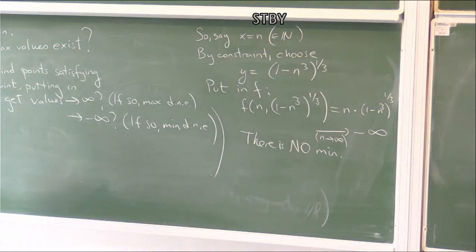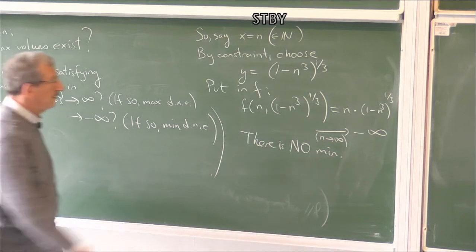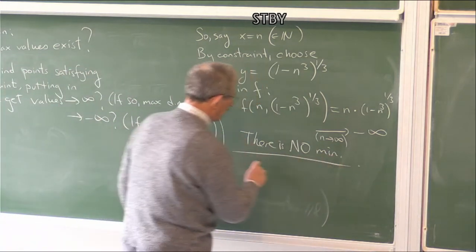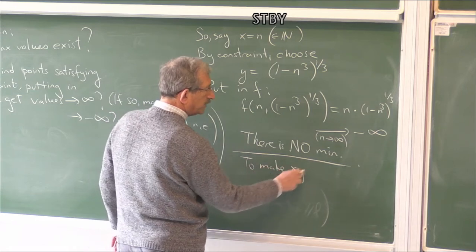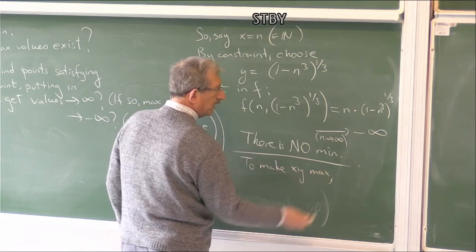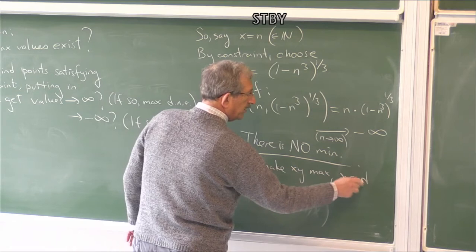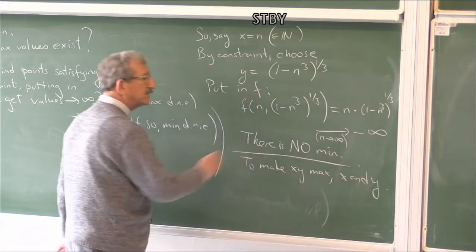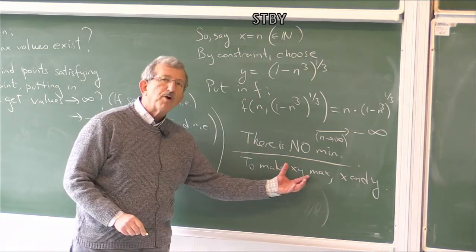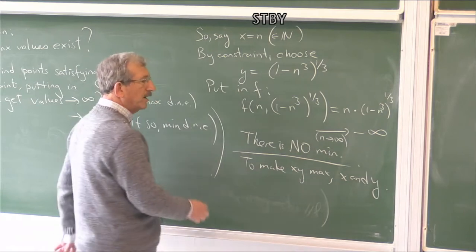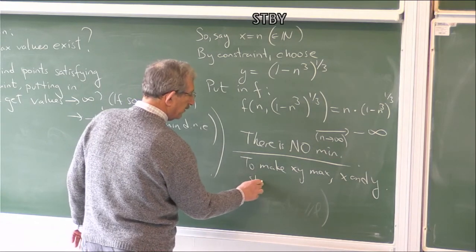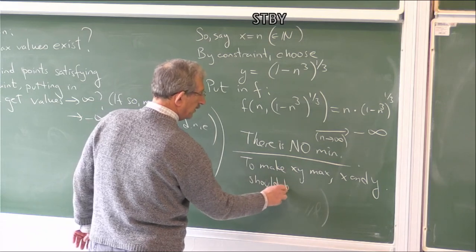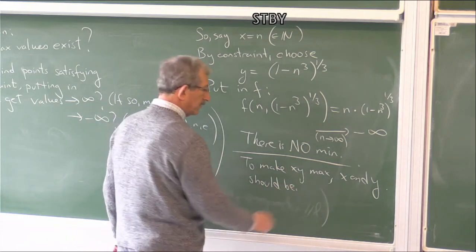Well, is there a maximum? Well, to make xy maximum, x and y must give us values so that the product is positive. Okay? So they should be with the same sign.